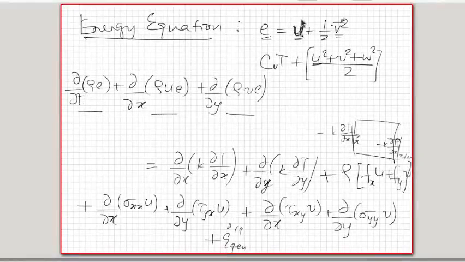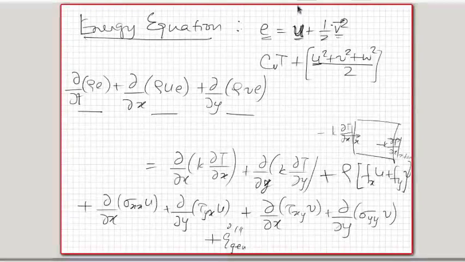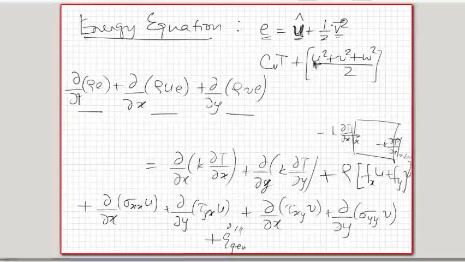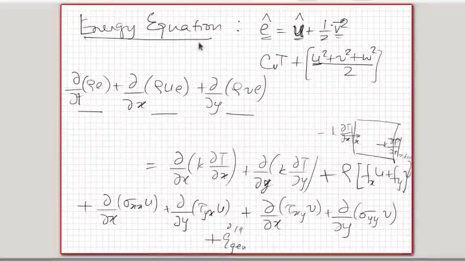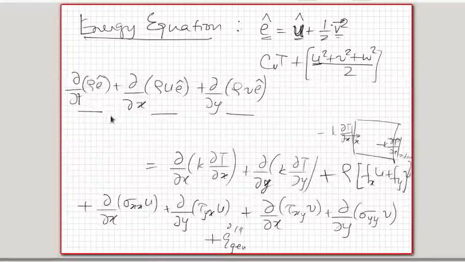So let's call this U hat, so that it is distinct from this U, the velocity. So E, or the specific energy, let me also call this a U hat. So this is specific energy. Let's write this.